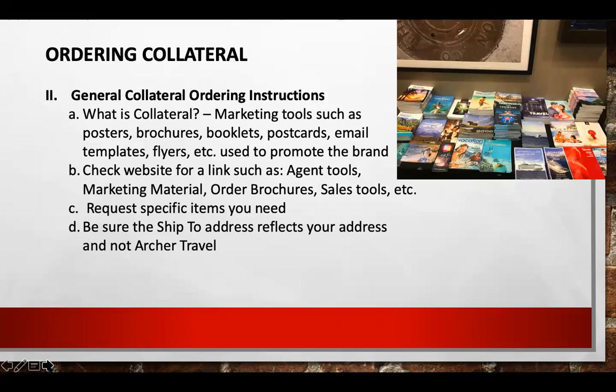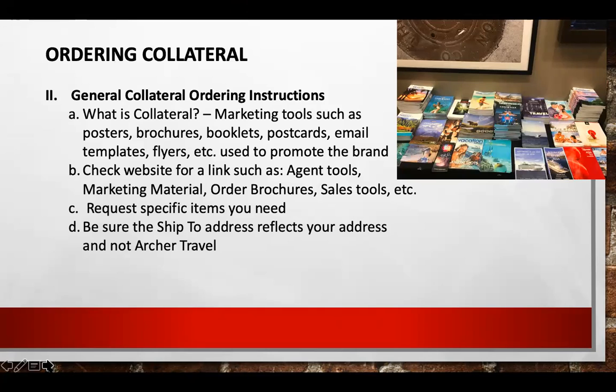A lot of the different vendor sites, like I said, they have brochures, or they may have pamphlets or postcards. Many of them have electronic collateral you can use, email templates, flyers, things that you can use to send to your clients. One, to show them that you are directly affiliated with that vendor as a travel agent.